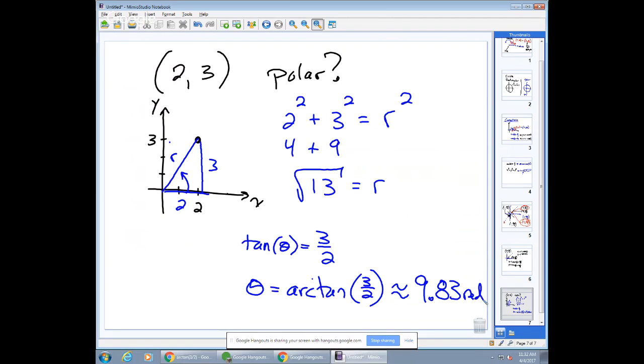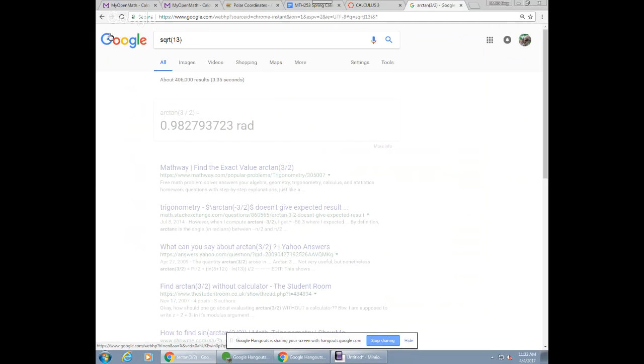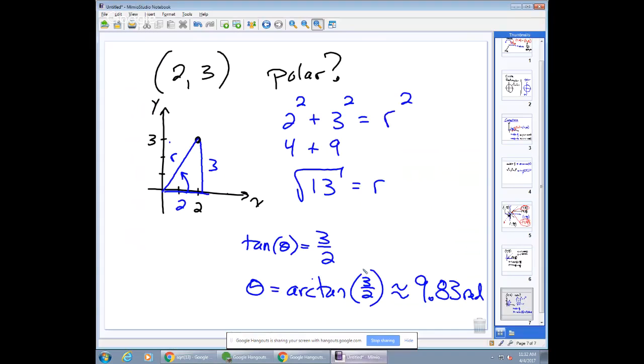And then square root of 13, what is that about? I want to see, does this seem like a reasonable measurement? Square root of 13, and Google says that is about 3.606.